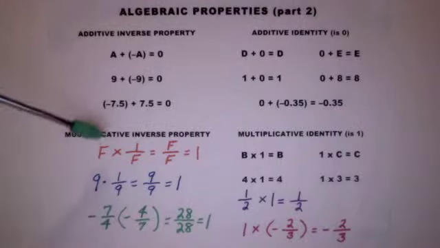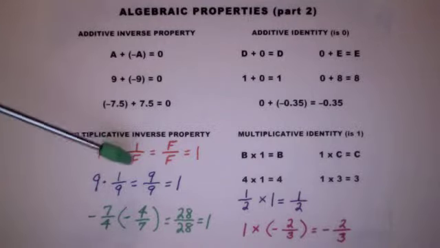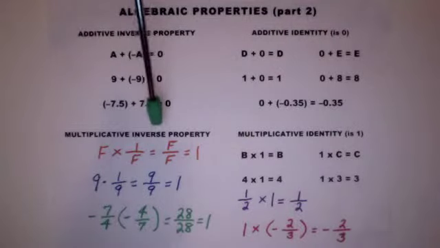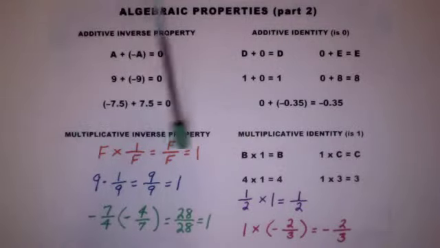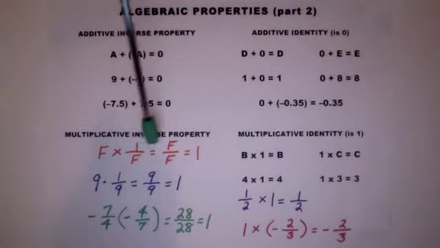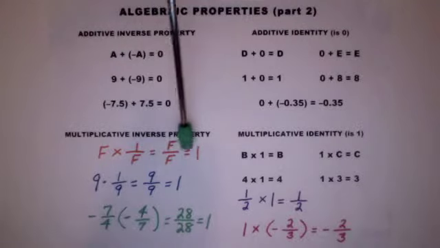So this whole number f could be written f over 1. The reciprocal is 1 over f. That is the multiplicative inverse. When we multiply a number by its multiplicative inverse, that equals that number over itself, which equals 1.